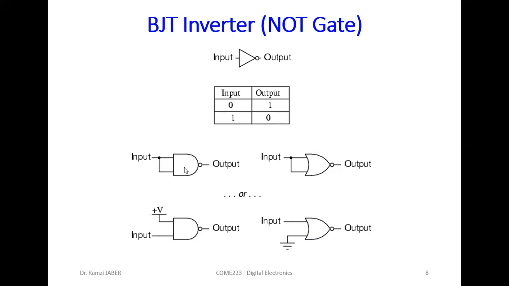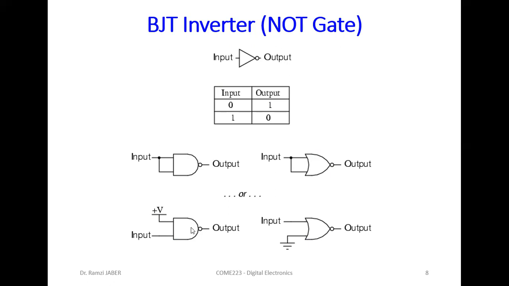If we put the same input on both inputs of a NAND, it gives us an inverter. The same for NOR. The two inputs combined together give us an inverter.